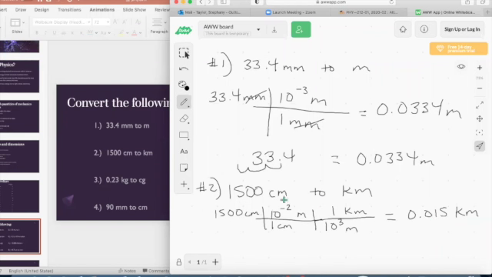All right. So since we started from centi, that was 10 to the minus 2. And then kilo was 10 to the third. So technically what we did was move the decimal place 1, 2, 3, 4, 5 times, right?